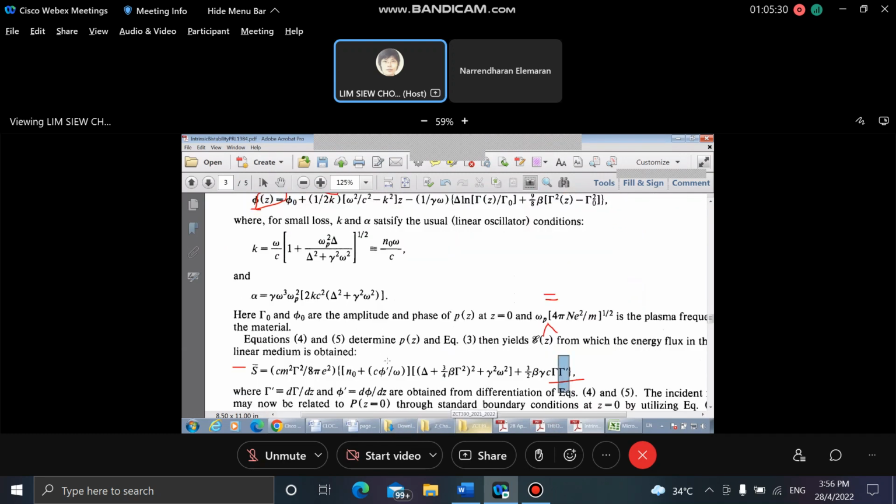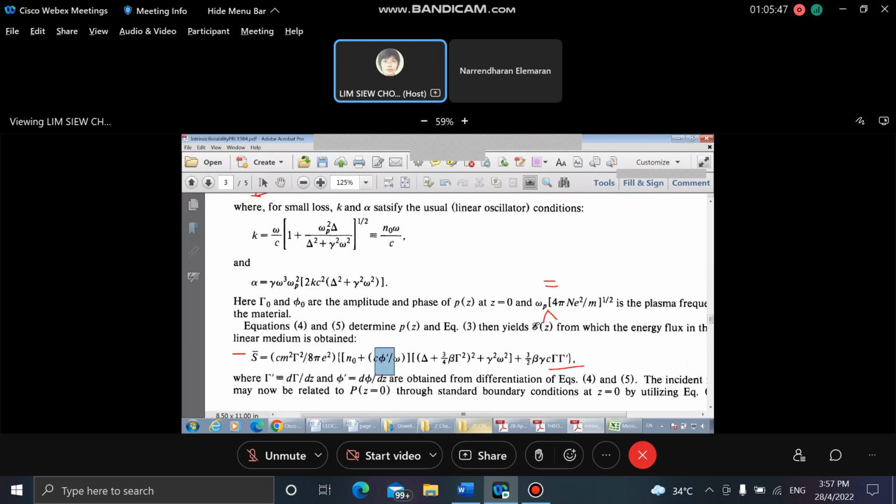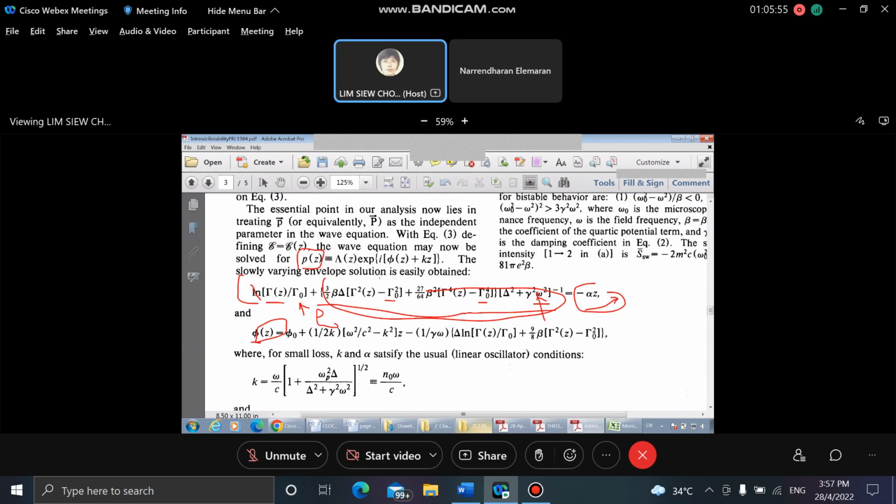So you still have to work out the derivative first. Even if you do not take the E cross B yet, you can already take the derivative and put it into S. Otherwise, you cannot calculate S. It depends on the prime.